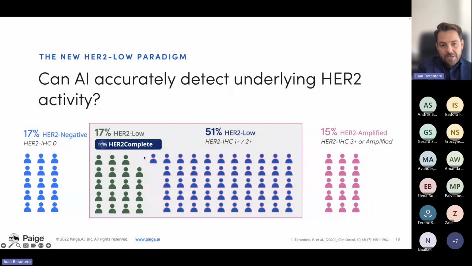So the idea again was to identify those patients that have HER2 negative status, defined by the amount of mRNA for the HER2 receptor, from those patients that have some mRNA expression and therefore could benefit from the new molecule being offered.